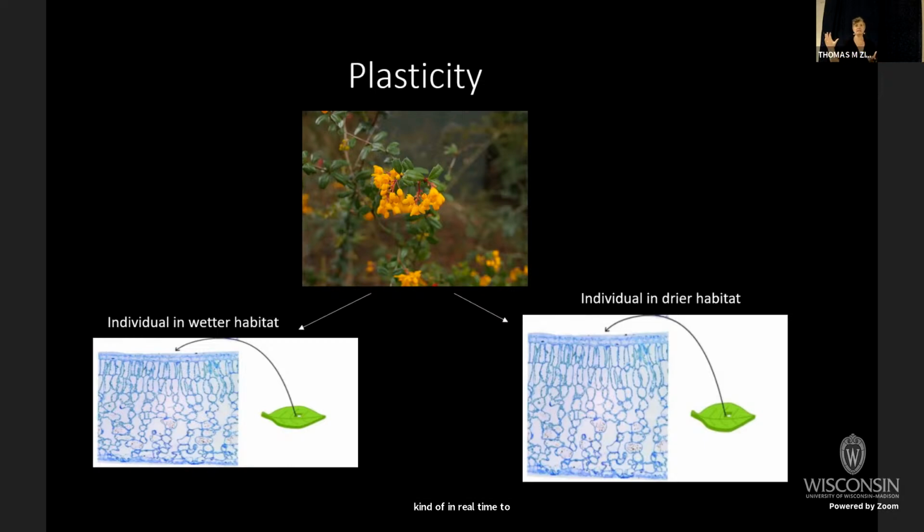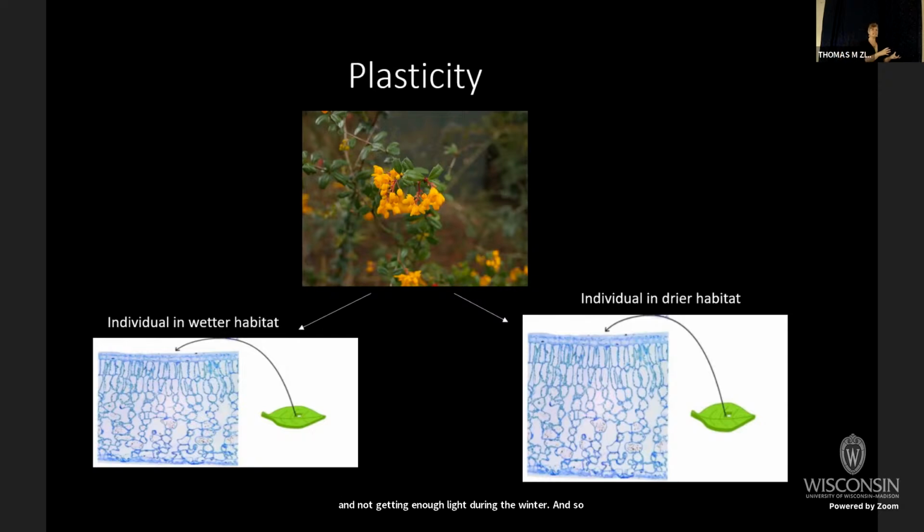Here's a good example that I've seen in my own household. I have a lot of houseplants and we bring them outside in the summer. The new leaves that they grow after they've been outside tend to be a lot smaller and kind of thicker than the leaves that they grew when they were inside and not getting enough light during the winter.